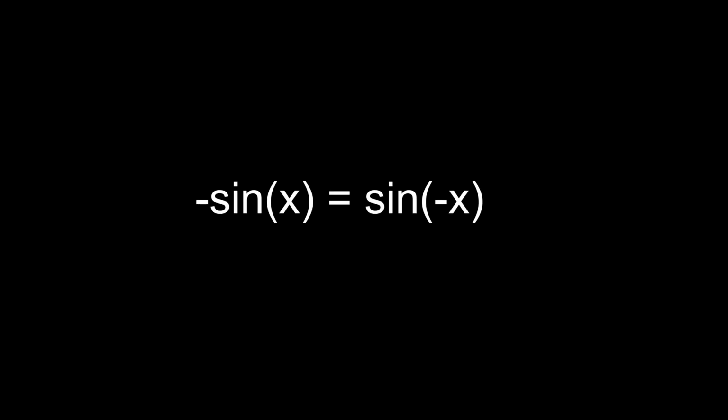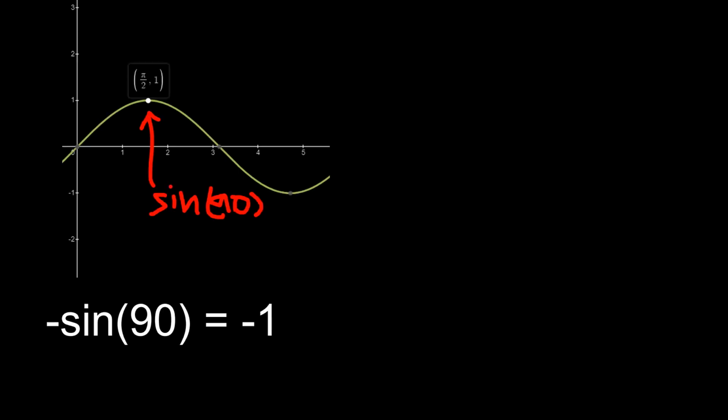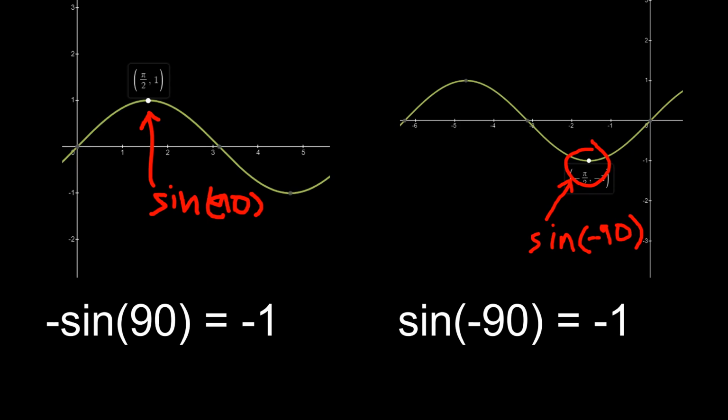But no, really, here I meant to say minus sine of x is equal to sine of minus x. I'll flash up some images here, but you'll see, for example, minus sine of 90 is equal to sine of minus 90. They're both equal to negative 1, for minus sine of 90 and for sine of negative 90 as well.